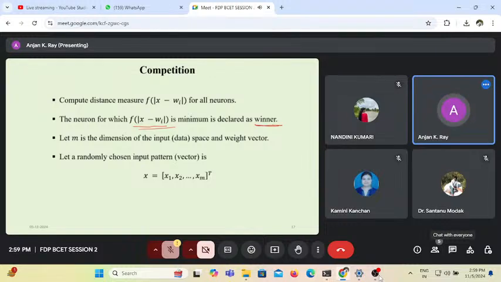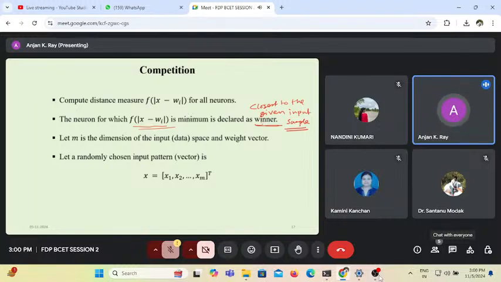So the winner neuron is the neuron which is the closest to the given input sample. Again, the sample is important because if you change the input sample, next time some other neuron will be the winner, and that is required. Otherwise, only a certain portion of neurons will get trained and others will not be trained properly.